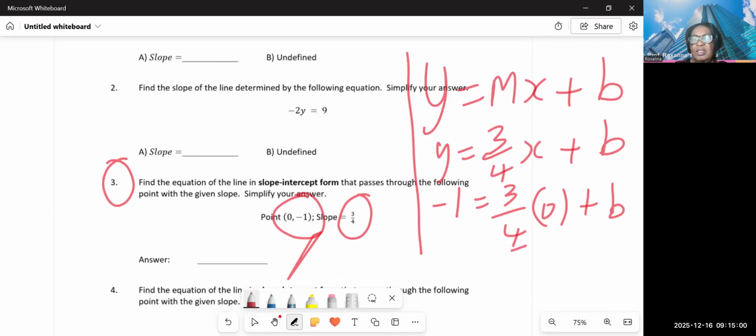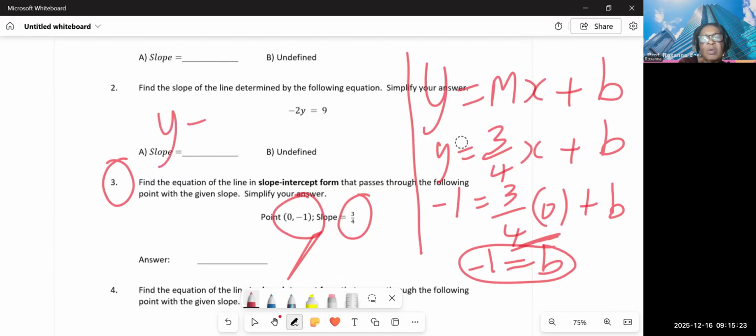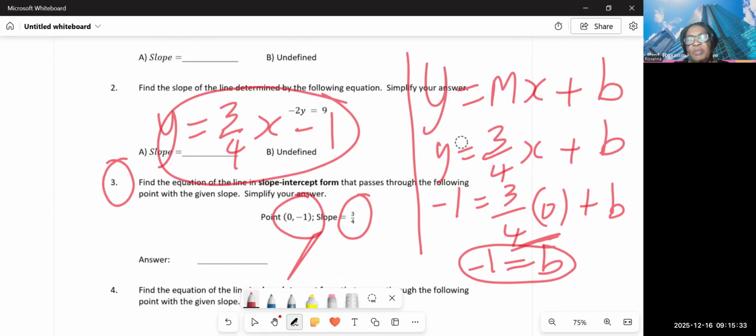So this goes to 0, which means that -1 is equal to b. The y-intercept is b. Now that I have found the y-intercept, I can write the equation in slope-intercept form: y equal to 3/4x minus 1.